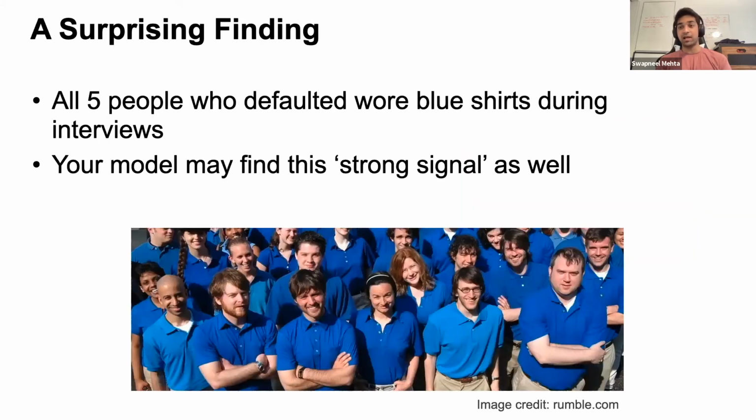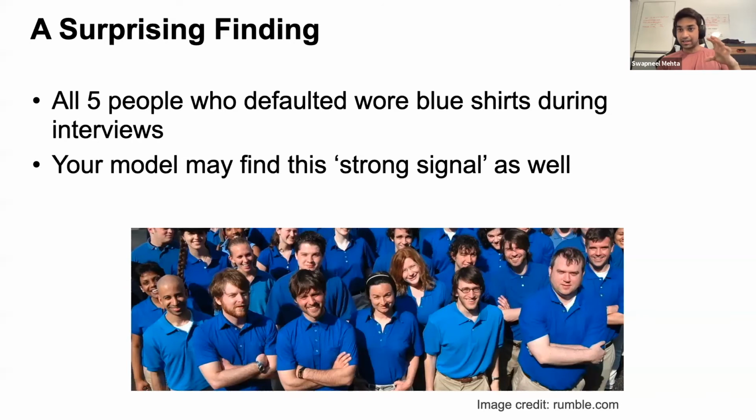All 5 people, as it turns out, wore blue shirts during their loan interviews. And so if you dump this data into your model, the model is clearly going to learn that this was the common feature between these 5 people. And I don't care about the rest of the features. This is super important because this has a direct correlation with whether they defaulted or not.